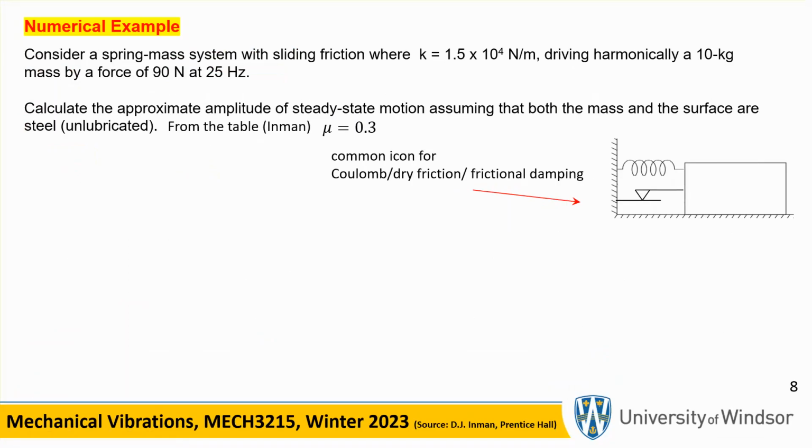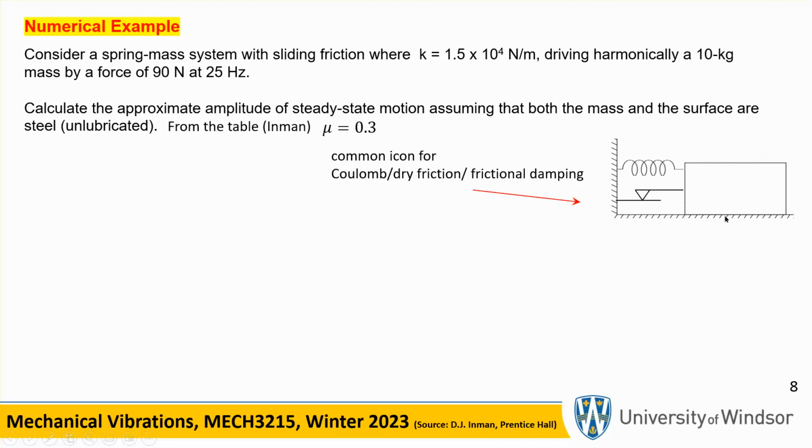So what we have here is a block sliding on a surface which has friction between the two. So automatically we are going to be solving this, it says unlubricated steel on steel, as a Coulomb damping problem, dry friction.